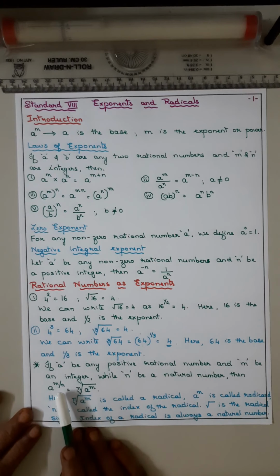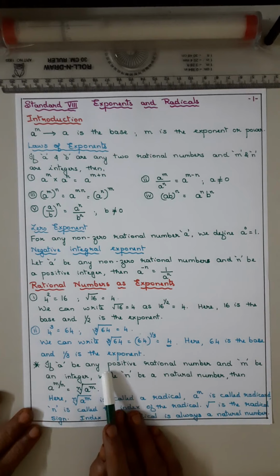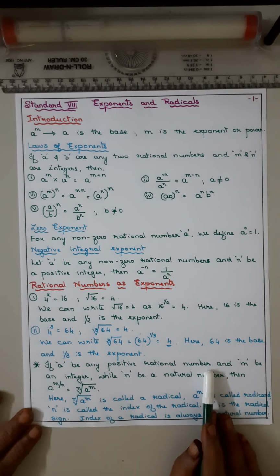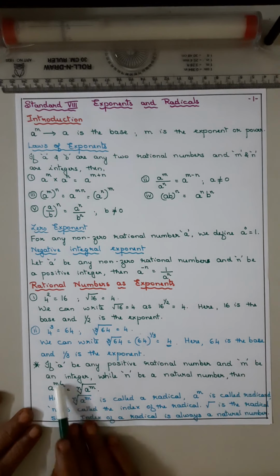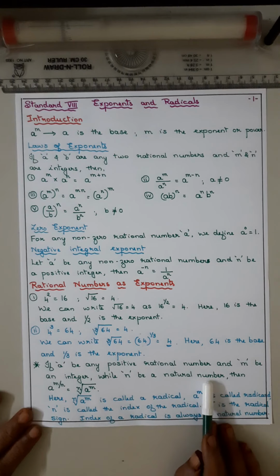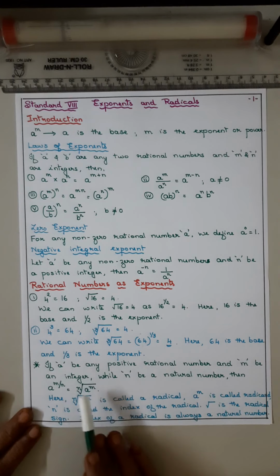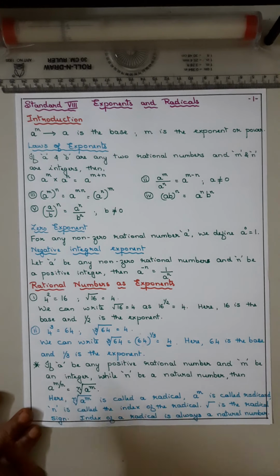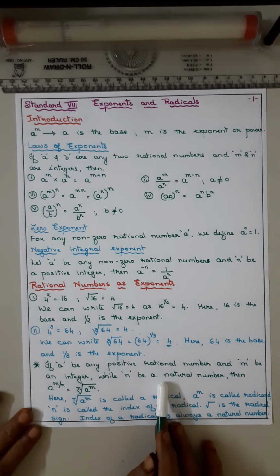Now we should remember, if a is any positive rational number, that is the base is a rational number, and m is an integer while n is a natural number. So a is the base, a positive rational number, m, that is the power, is an integer, and n, the number outside the root, is a natural number.